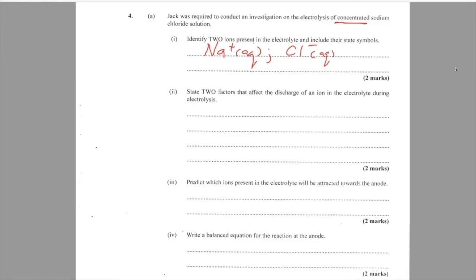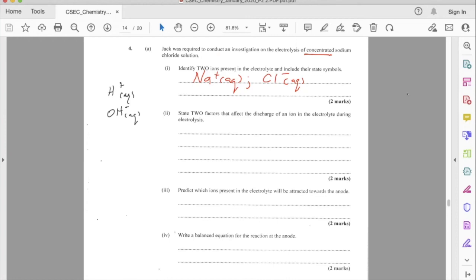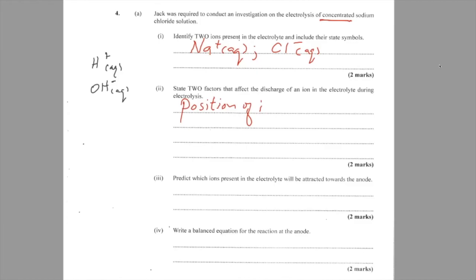And they ask for 2. We could also give, we'll just put this on the side, H+ ions, aqueous, and we'd have OH− ions as well. But they ask for 2. Next question. State 2 factors that affect the discharge of an ion in the electrolyte during electrolysis. So we have 3 factors. We have the position of ions in the electrochemical series.